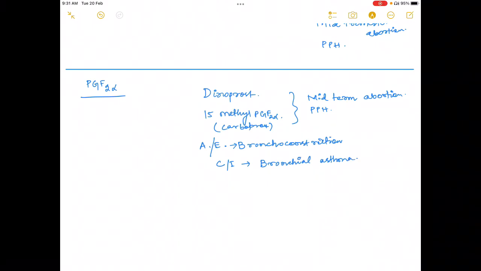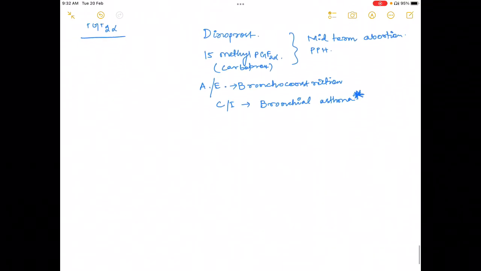This history has to be taken very carefully. Whenever you are giving PGF2 alpha analogs in PPH, or prescribing for midterm abortion, if the case has bronchial asthma, you should not prescribe the PGF2 alpha analogs.